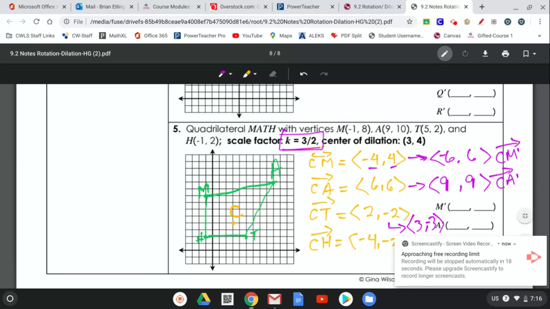Alrighty, and then lastly we have C to H, and when we do -4 times 3/2, that is going to give us -6. And then when we do -2 times 3/2, that's going to be -3, okay?